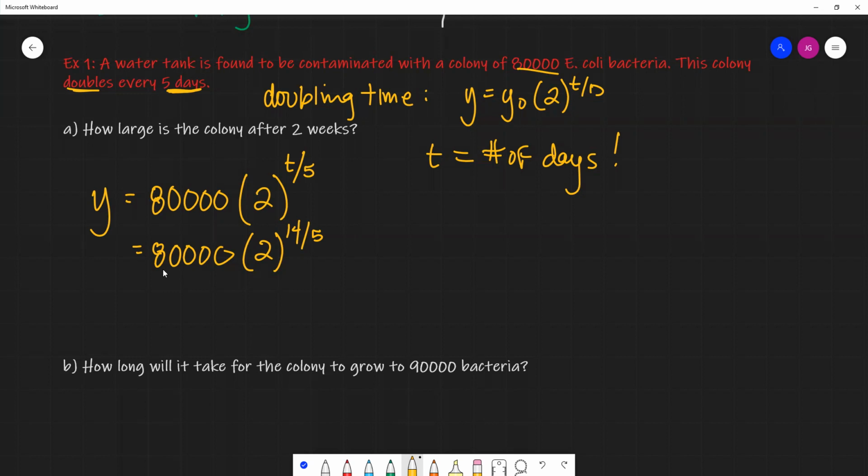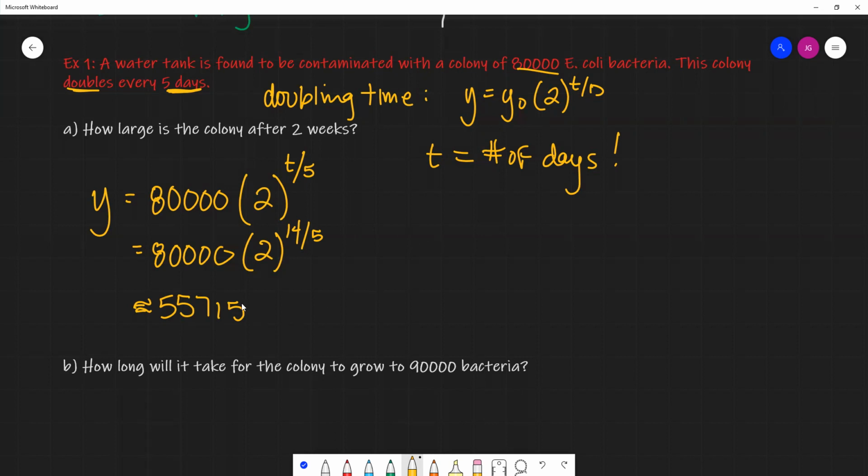That's going to give us 557. I'm going to change these to approximation symbols because we're going to have to round up since we're dealing with living things. 557,152, just kidding, not 52, 53.